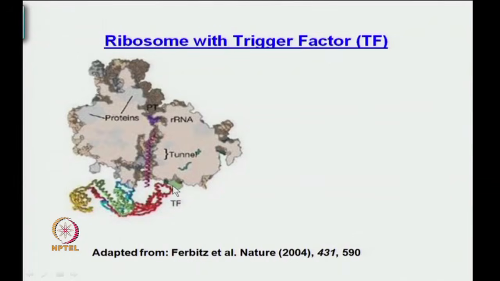But there is one more addition to what we have seen before. You can see here it is called TF, the short form of trigger factor. This corresponds to this protein assembly. You can see how this trigger factor is cradling or protecting this elongating nascent chain once it comes out of the ribosomal tunnel.